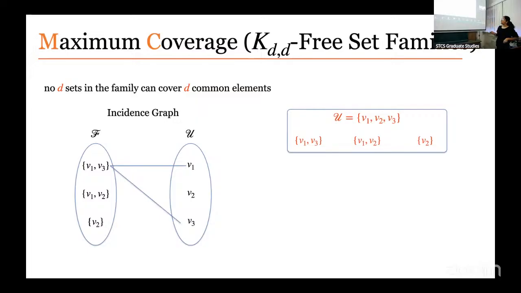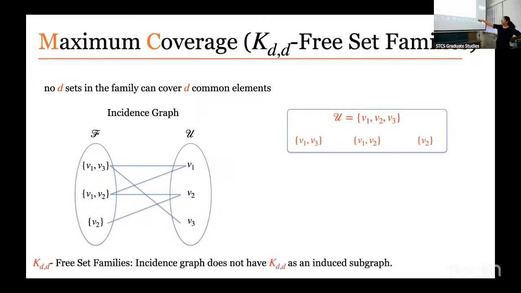Now this vertex is adjacent to elements V1 and V3. K_{D,D}-free set families means this particular bipartite graph does not have K_{D,D} as an induced subgraph, K_{D,D} meaning a complete bipartite graph where both sides have D vertices.